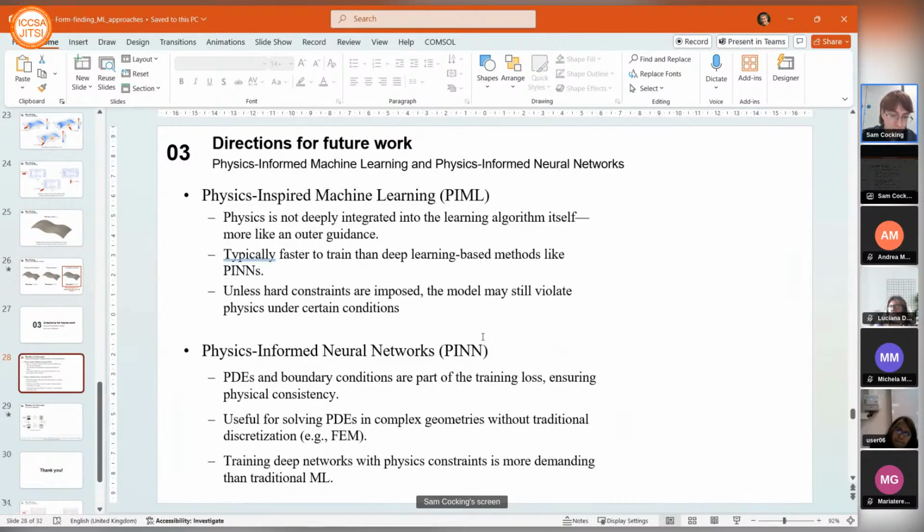So it's still possible that there'll be some violation under certain conditions. You do need to do those checks still, but it makes it faster to train than a deep learning based method such as physics-informed neural networks, PINNs, where the boundary conditions of the PDEs are part of the training loss. So it's physically built into the machine training.